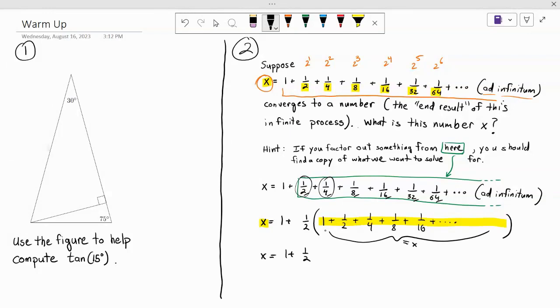So all that is you get 1/2 times x. And now if you solve for x, you'll find that x is 2. Subtract half of x over, multiply both sides by 2. So that's a fun infinite game you'll be playing.